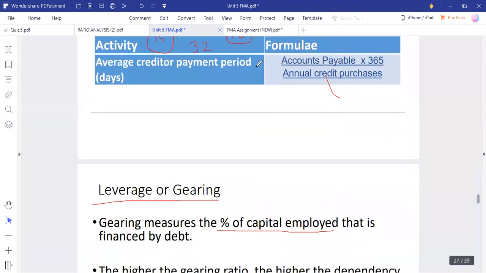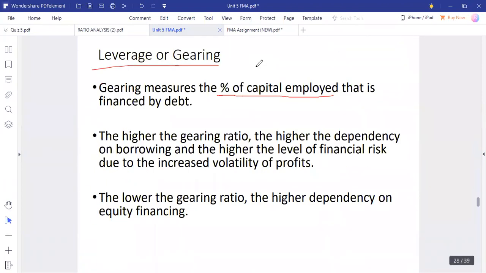All right. Leverage is about the dependence on borrowing. Debt is a very detrimental asset if underutilized or taken advantage of. So if a firm's capital employed is financed predominantly by debt, it becomes a problem.